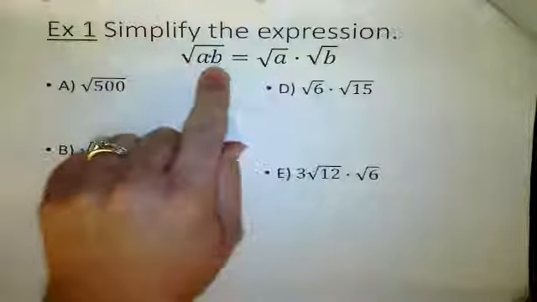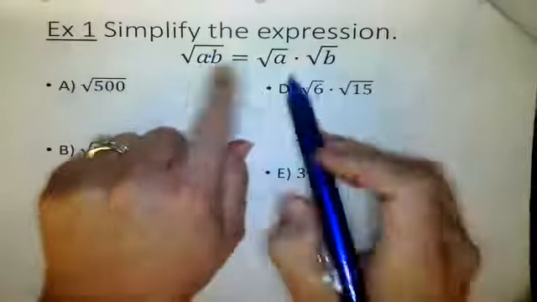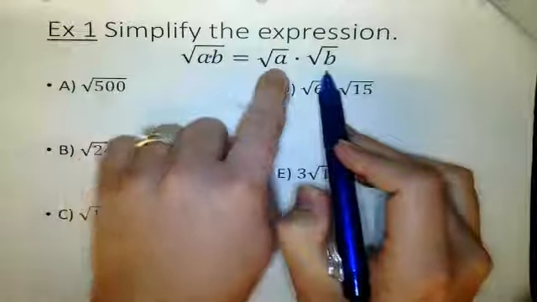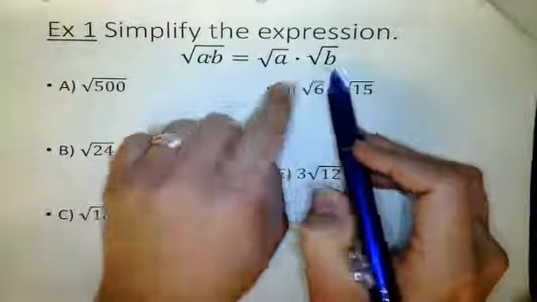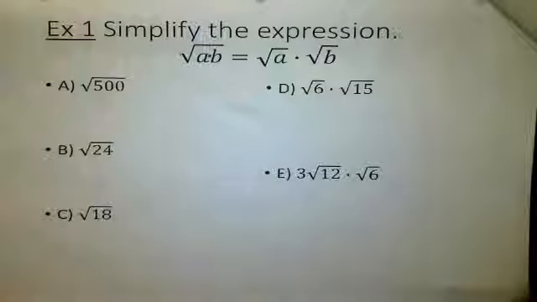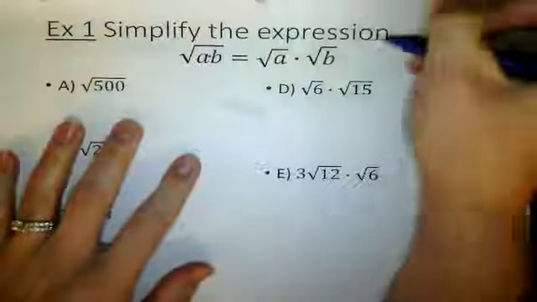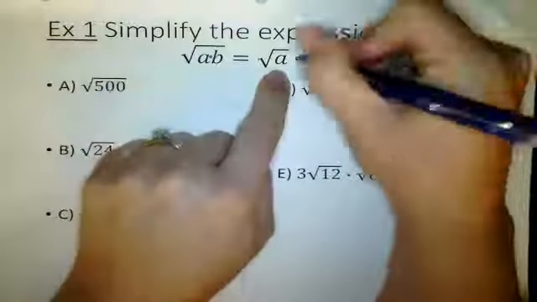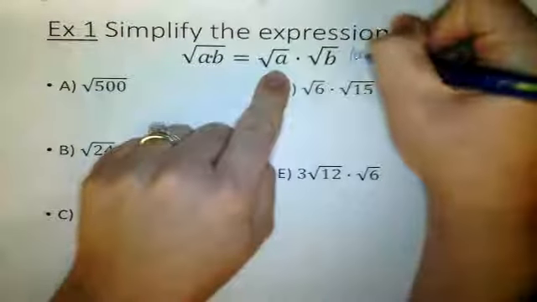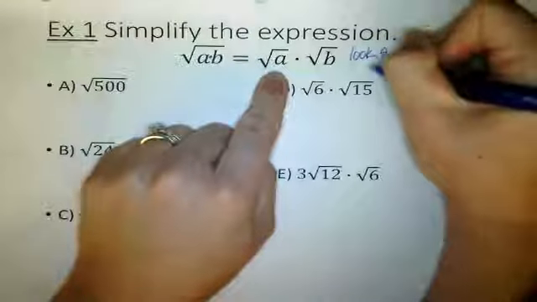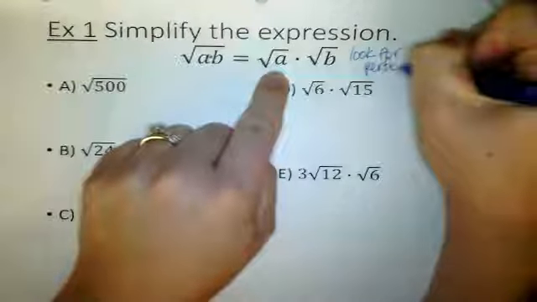What we can do is take one giant radical and break it apart into the square root of something times the square root of something else. So we break it apart into 2 smaller radicals and then try to simplify from there. What we want to do is break apart our number. We want to look for our perfect squares.